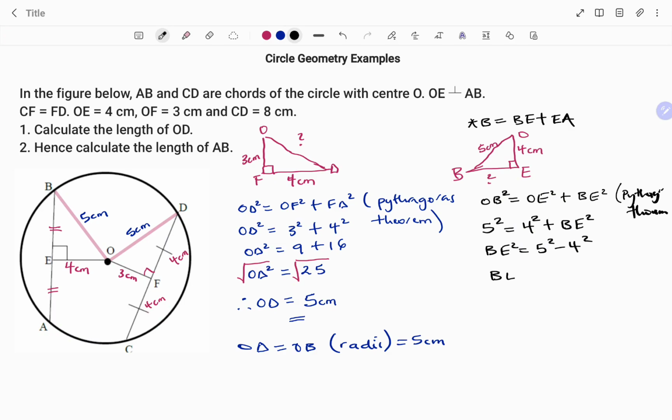BE squared equals 5 squared, 25, minus 4 squared, 16. BE squared, 25 minus 16, that's 9. Therefore, to find BE, I'm going to find the square root of both sides. Therefore, my BE equals square root of 9, which is 3 centimeters.